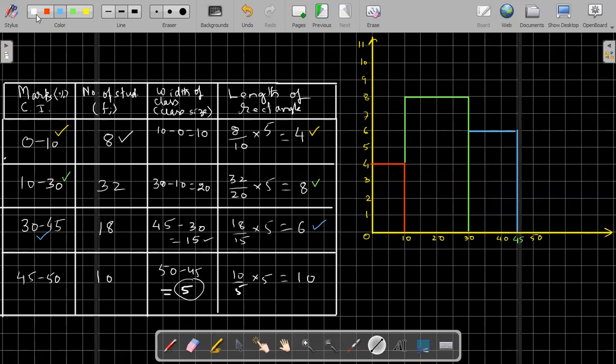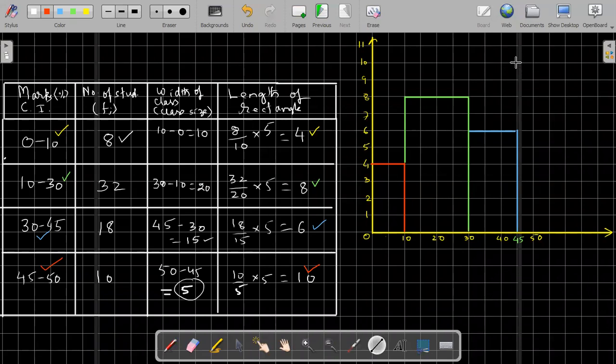Then next, 45 to 50, the height is 10. So 45 to 50, height is 10.